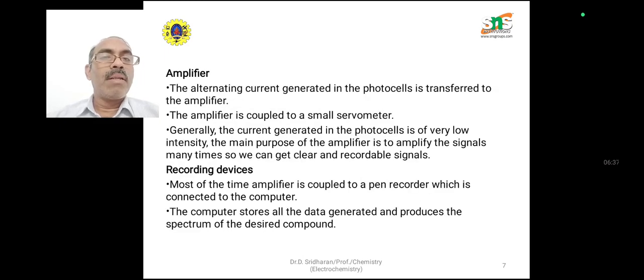Then the amplifier is for tuning up and getting a clear picture of our sample responses. We can get different responses based on our sample and the functional groups.